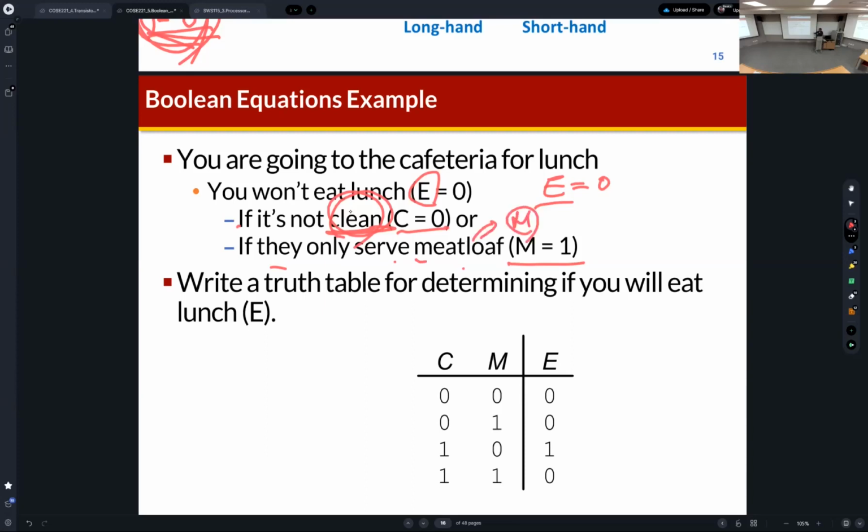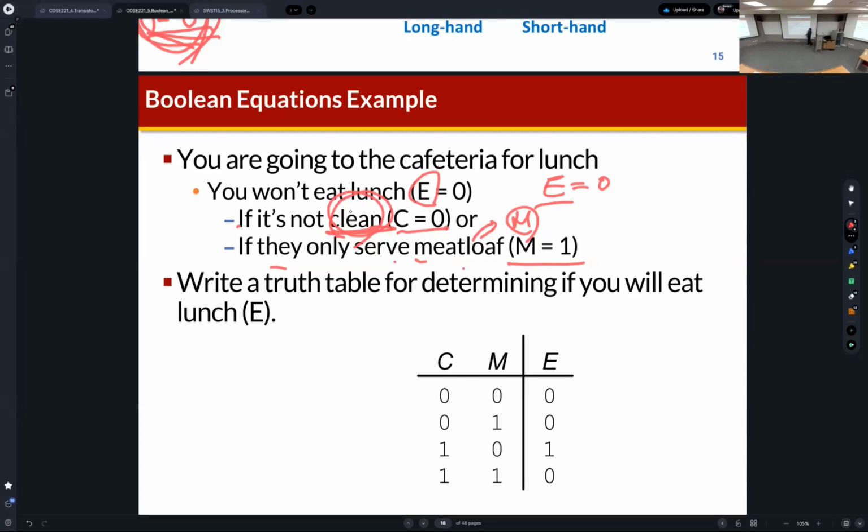Using these conditions, we can generate a truth table like this. E is the result of this system, which means whether you can eat lunch or not. If E equals 1, then you will eat lunch, based on some conditions. If the cafeteria is clean, C equals 1. If not, C equals 0.